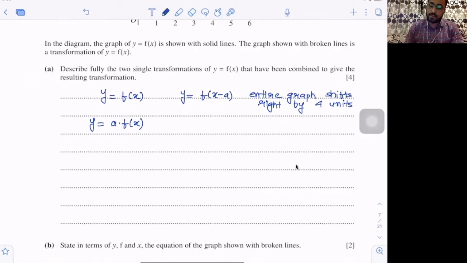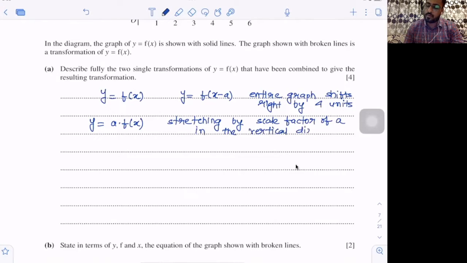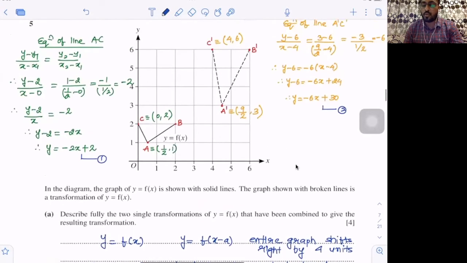So I can say here stretching by scale factor of a in the vertical direction.